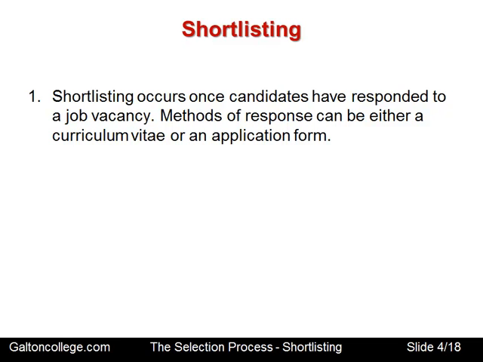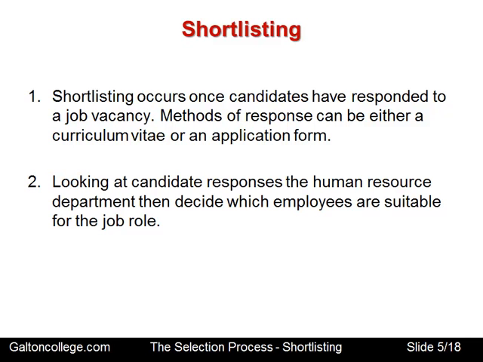Once the applicants have been received, of course, they must be vetted. Looking at the candidate responses, the Human Resource Department then decides which applicants are suitable for the job role. Not everybody will be suitable. Some people may be less suitable than others. So the company will have something in its mind. The recruitment manager will have something in his or her mind.